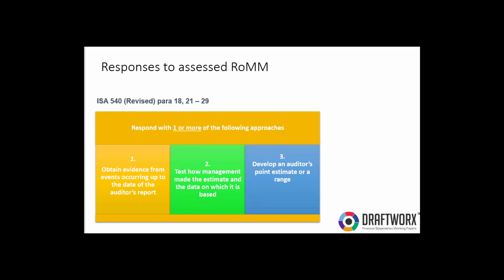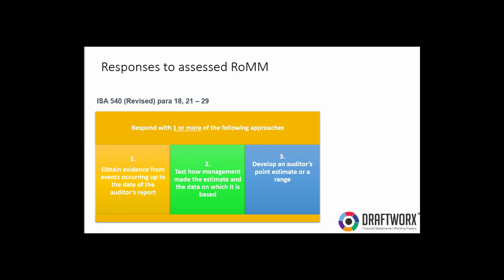So pretty much what the standard says is, however you respond to the risk of material misstatement when auditing accounting estimates, you must ensure that you use one or a combination of these testing approaches. All right, so you need to understand each of these approaches.